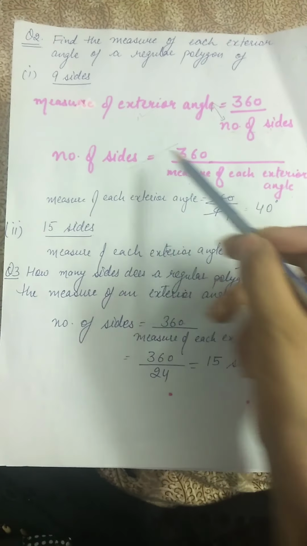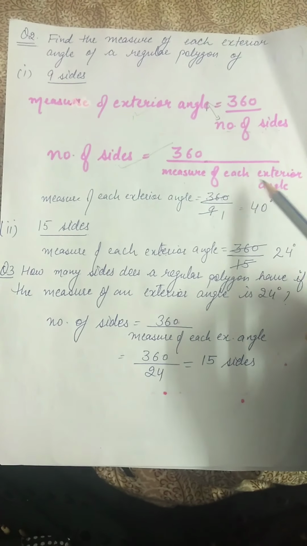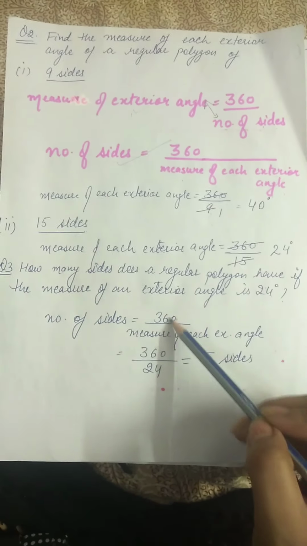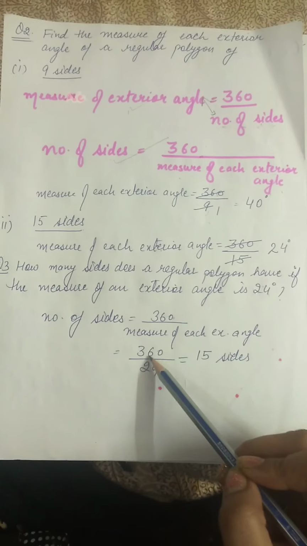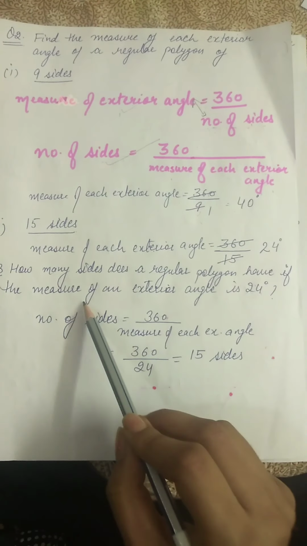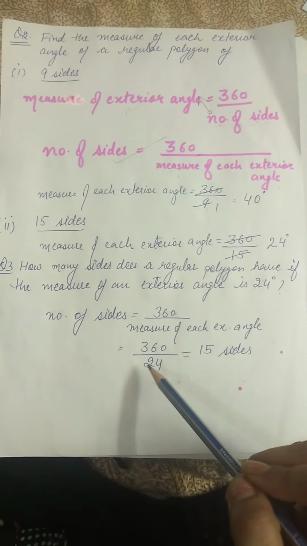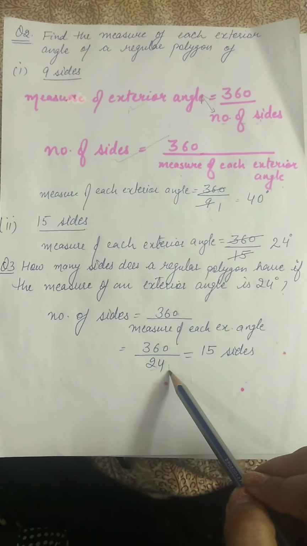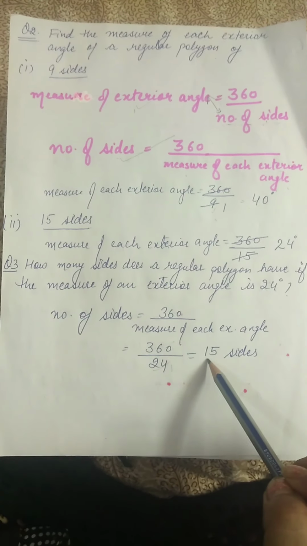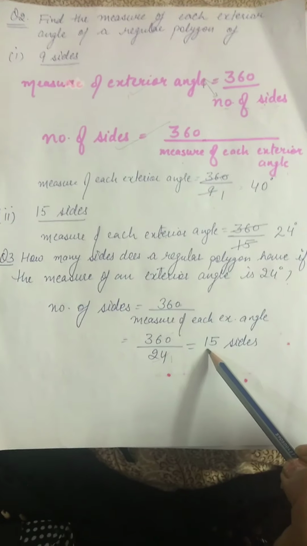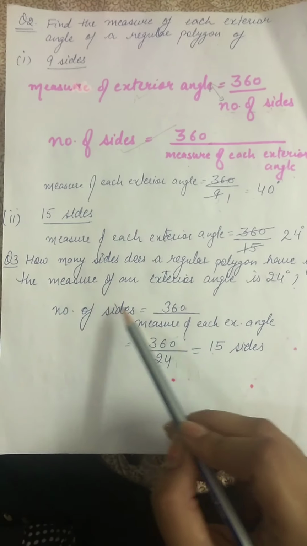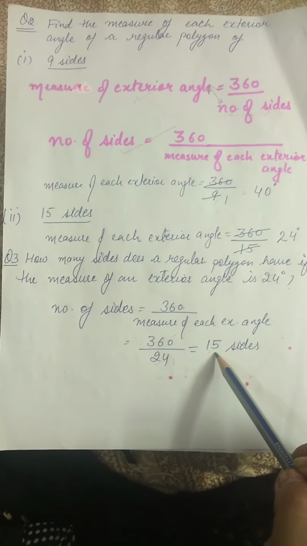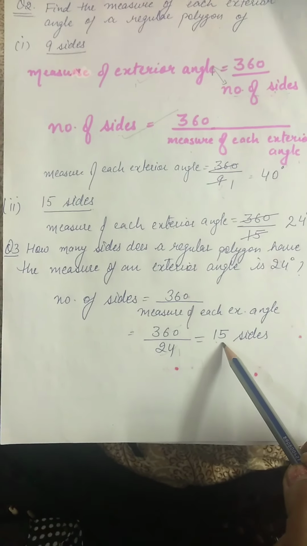So what is the formula? 360 divided by the measure of each exterior angle. So 360 divided by the measure of the exterior angle, which is 24. Now 24 ones are 24 and 24 15s are 360. Therefore, the number of sides of the regular polygon is 15.